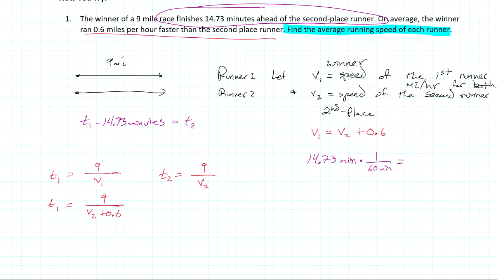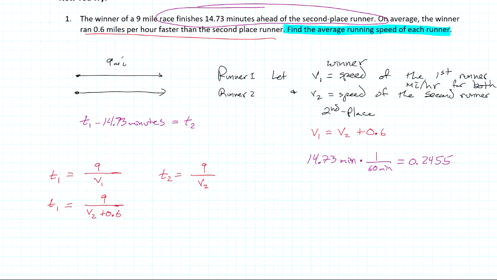Let's grab my calculator, and I'm going to do 14.73 divided by 60. And this is 0.2455. This is not a fun number, but that's how many hours we're looking at.